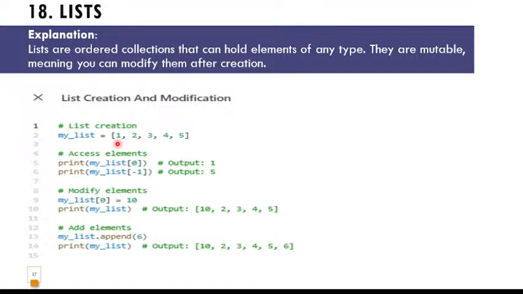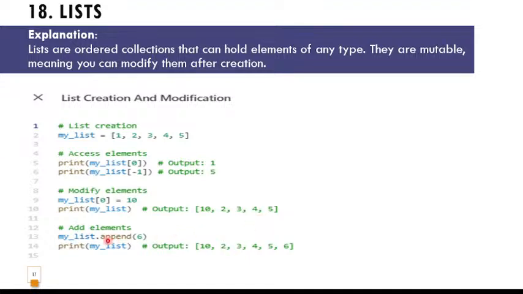If we have to modify an element, we can write my list 0 equals 10. What this will do is, instead of 1, it will write 10. So this is how we modify, by writing my list 0 equals 10. Same, print my list, so the output will be this one.